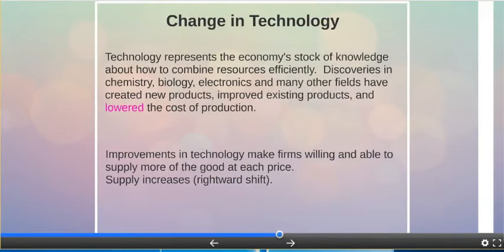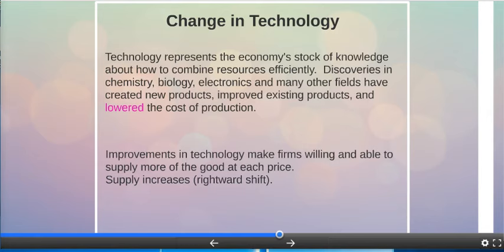Change in technology. Technology represents the economy's stock of knowledge about how to combine resources efficiently. Discoveries in chemistry, biology, electronics, and many other fields have created new products, improved existing products, and lowered the cost of production.